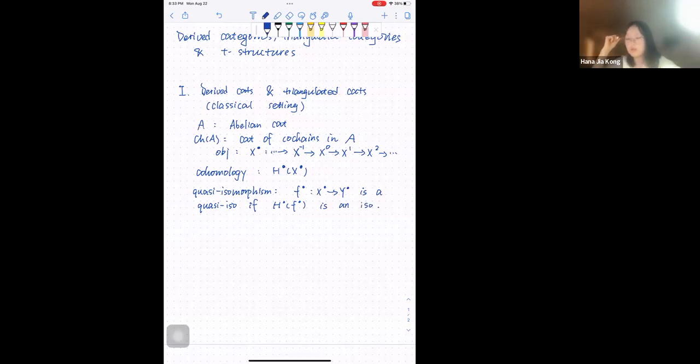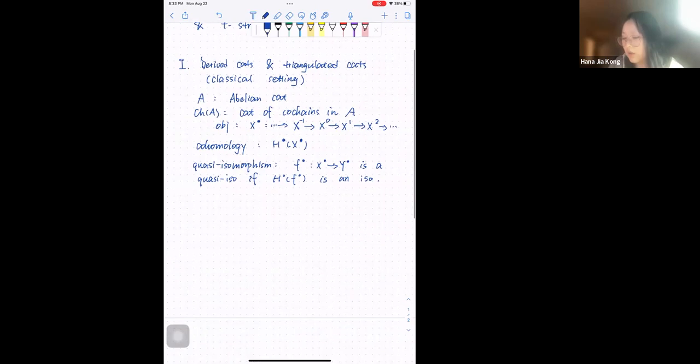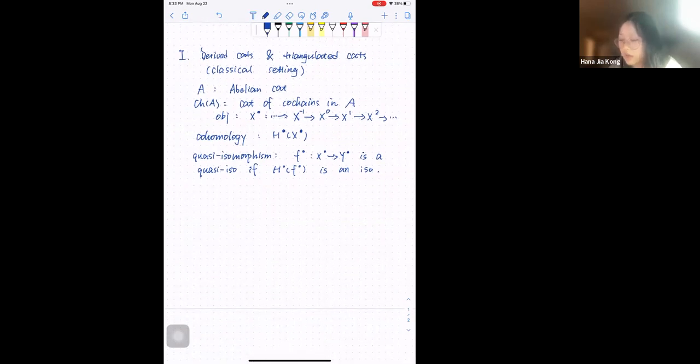Quasi-isomorphisms are not equivalences in the category of cochain complexes, but we can formally invert all these morphisms.